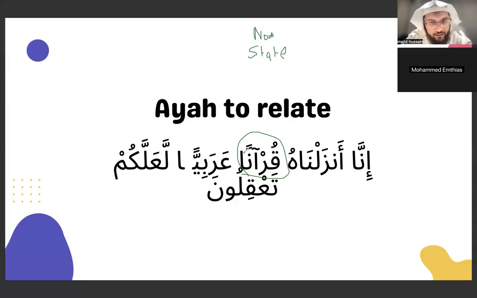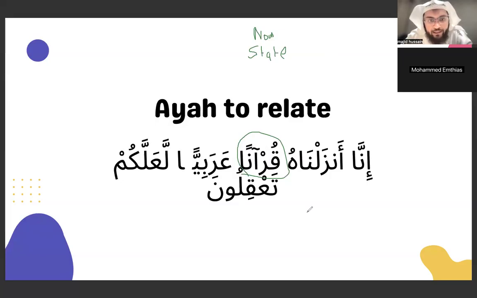When you look at the I'raab, where does it say from the I'raab perspective? Is it because of the two fatha? Two fatha. And this is in which state? Which category of I'raab? The second one. Nasab.